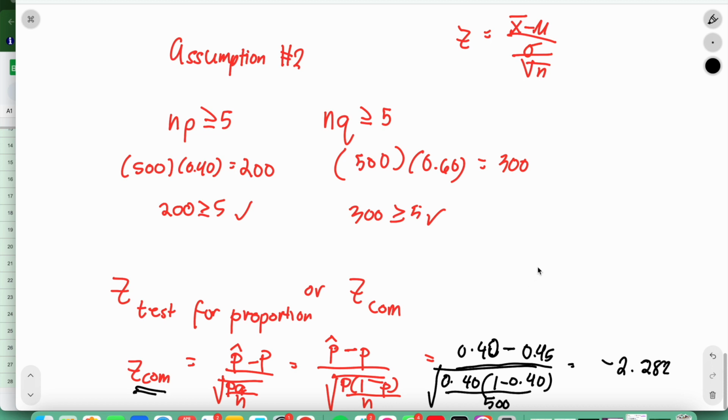I need you to be wary on this part. I'll write it again. Z com, or z test for proportion, is equal to p hat minus p over square root of pq over n.